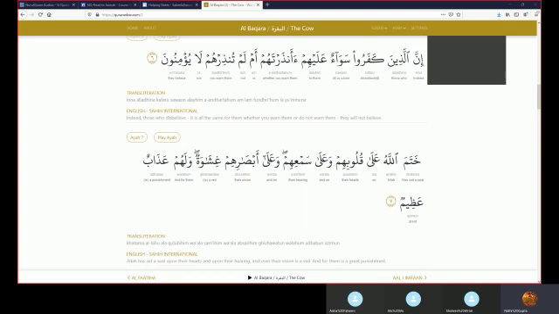But again, although in common terms people use this term, this is a very specific term in the Quran. When the Quran uses this term, it refers to very specific people who denied the message which was given by the Prophet sallallahu alaihi wasallam.